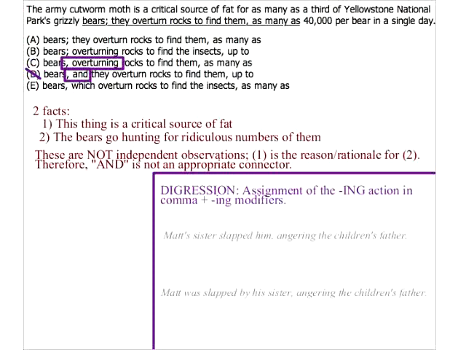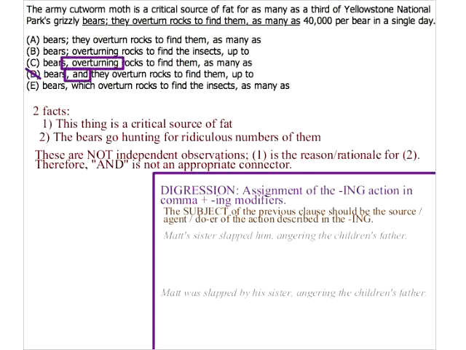So the subject of the previous clause should be the source or agent or doer of the action described in the -ing form.